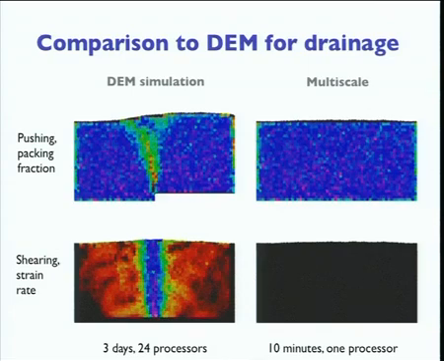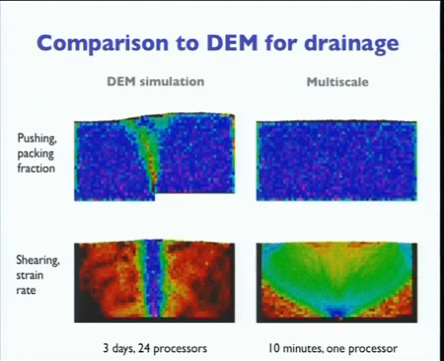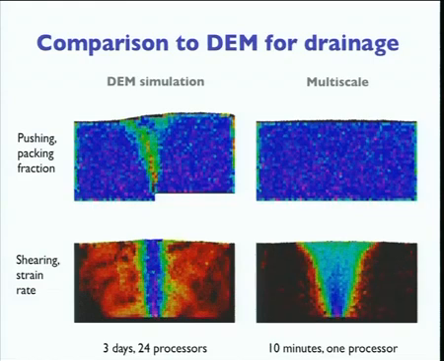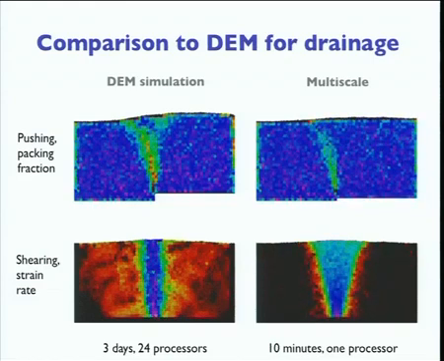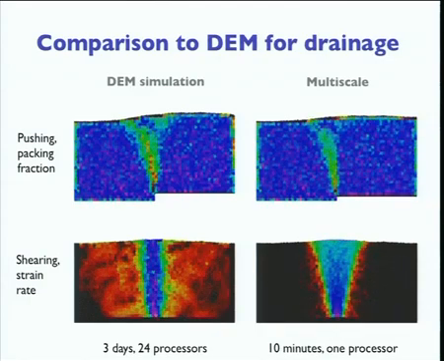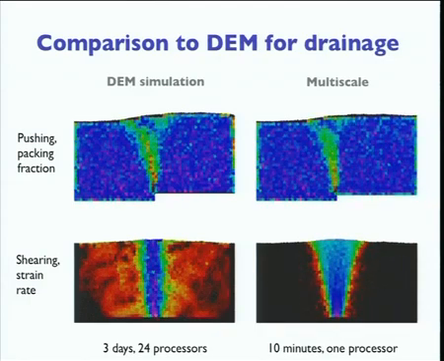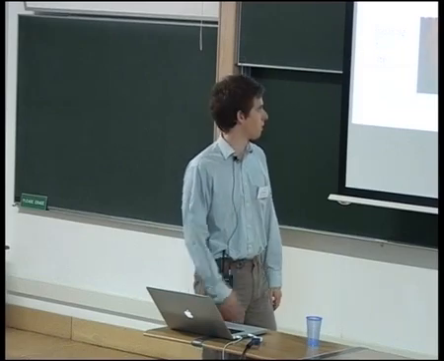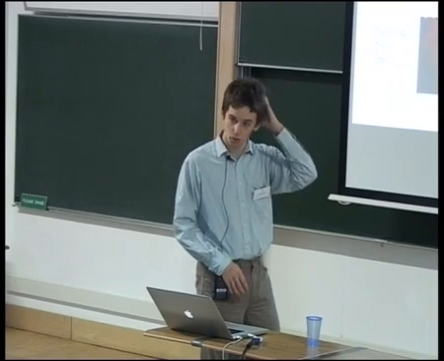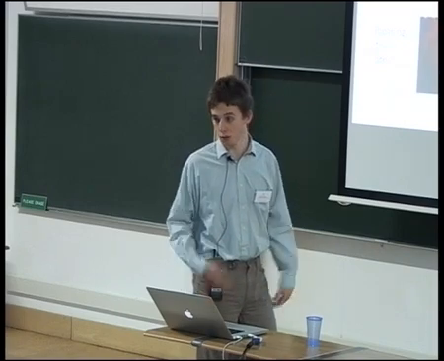This is a pretty time-consuming simulation. Using this multiscale idea, I can do the same thing and get a reasonable match to the continuum flow, and I'm also moving particles in roughly the right direction. This is a very small fraction of the computational cost of full DEM.